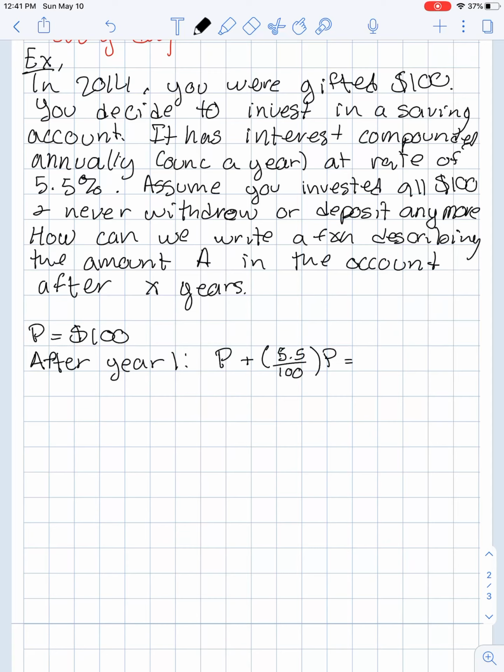It's not just adding 5.5%, it's percent of what? Of the balance that I have in my account. So, each term has a P in it, so let me pull out a P. It leaves me with 1 plus 5.5 divided by 100, which is 0.055, P. So that's how much we have after 1 year.